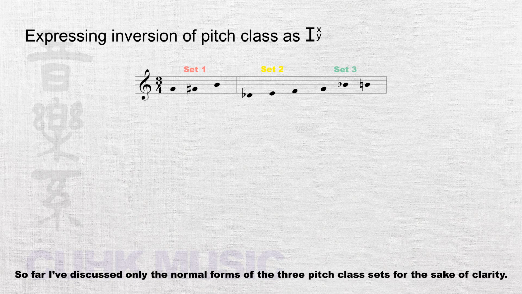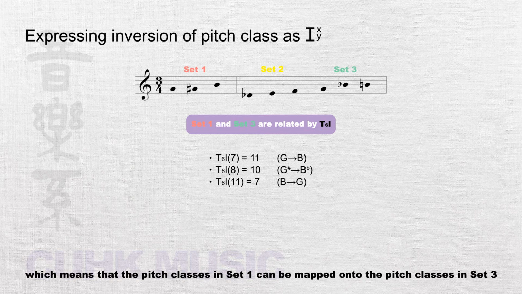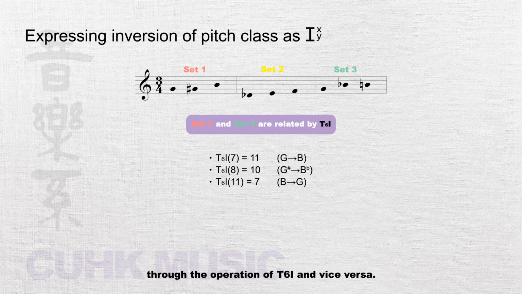So far, I have discussed only the normal forms of the 3 pitch class sets for the sake of clarity. As mentioned, set 1 and set 3 are related by T6I, which means that the pitch classes in set 1 can be mapped onto the pitch classes in set 3 through the operation of T6I and vice versa.